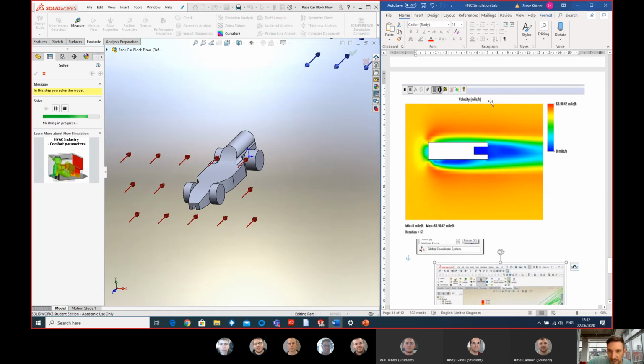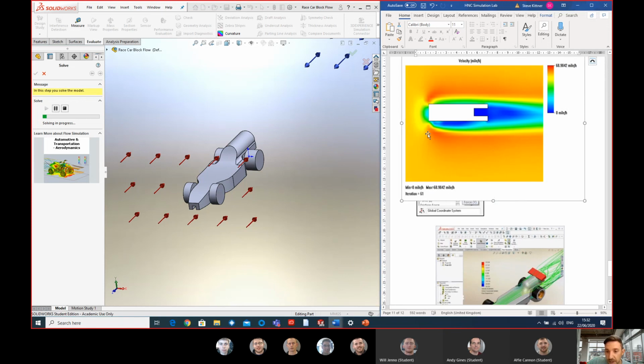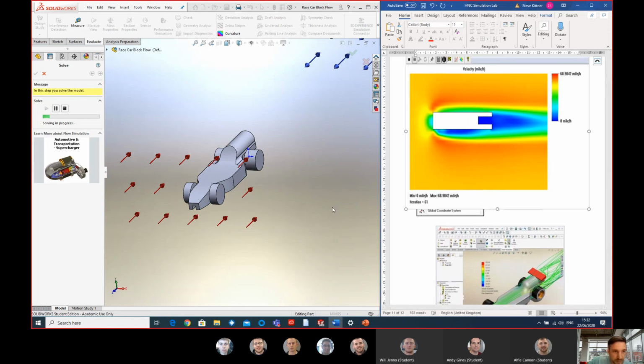However, if we had the full version, we've got all of the data pretty much to be able to figure out the speed of the air around this part, and you can quite clearly see where there's regions that are potentially going to cause you additional drag on your part, which can help obviously with your simulation.